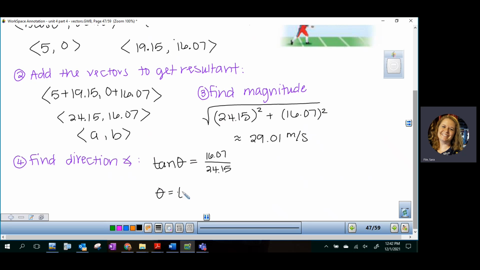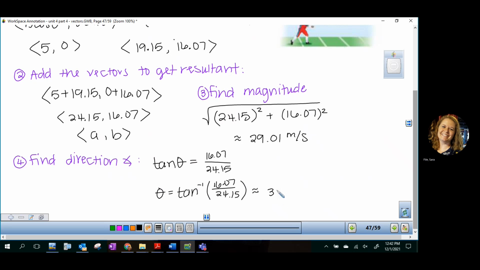We end up doing inverse tangent of that ratio. And that comes out to approximately 33.6 degrees. So now I have the magnitude and the direction. So I'm ready to give my solution for the resultant vector.